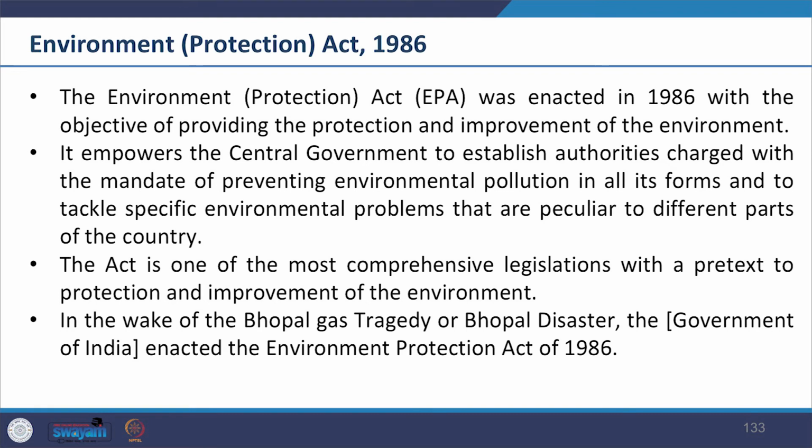It empowers the central government to establish authorities charged with the mandate of preventing environmental pollution in all its forms and to tackle specific environmental problems that are peculiar to different parts of the country. The Act is one of the most comprehensive legislations with the pretext of protection and improvement of the environment. So, we will see all the environment-related acts in our following lectures.